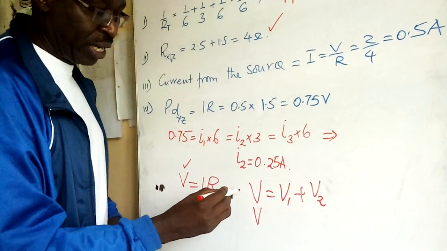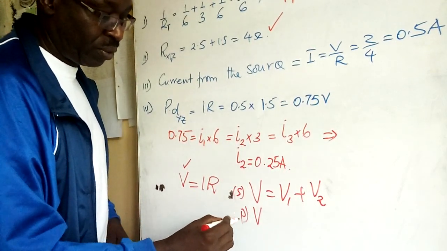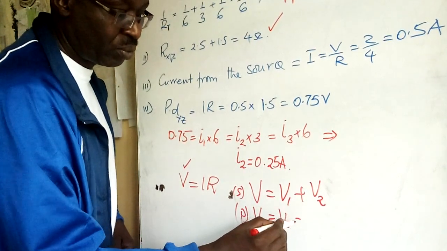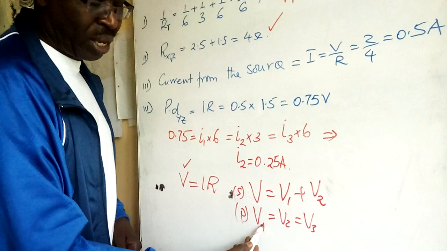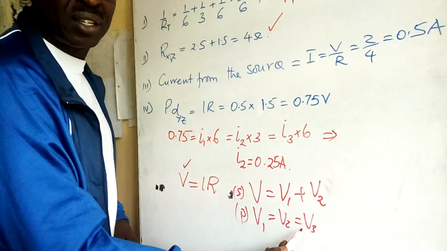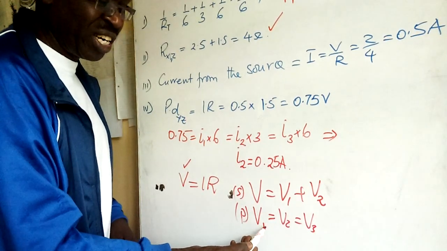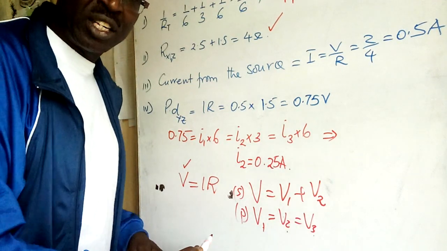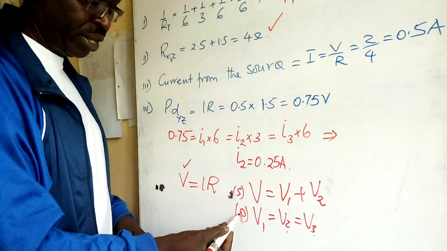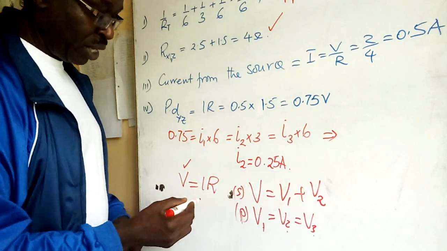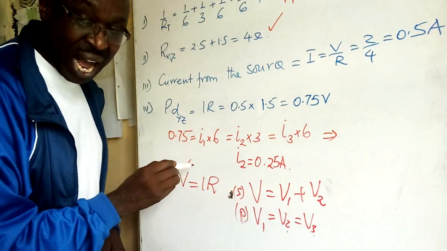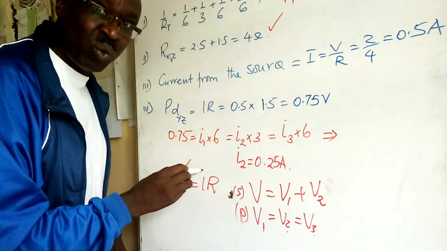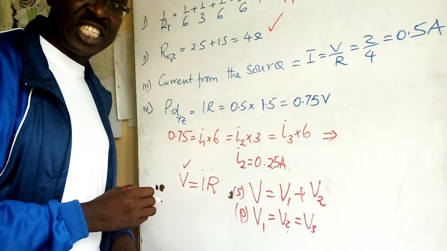V in parallel is the same, where these are resistors. So V across resistor 1 is the same as V across resistor 2, is the same as V across resistor 3. They are the same. This is parallel. Series V is that.